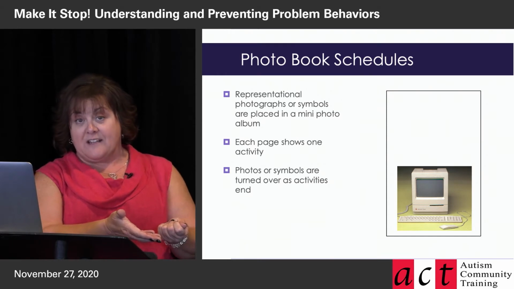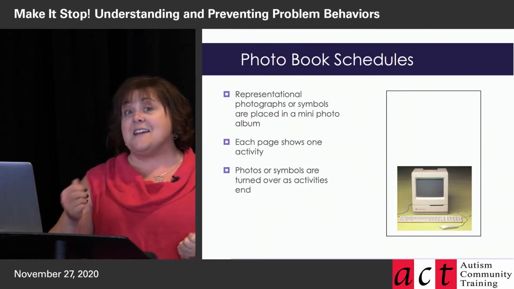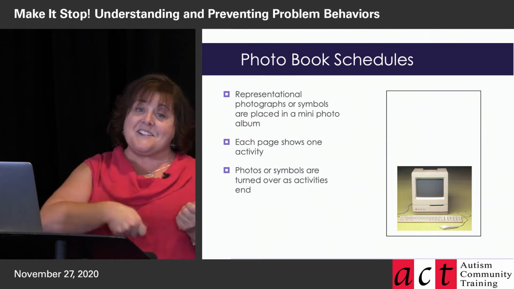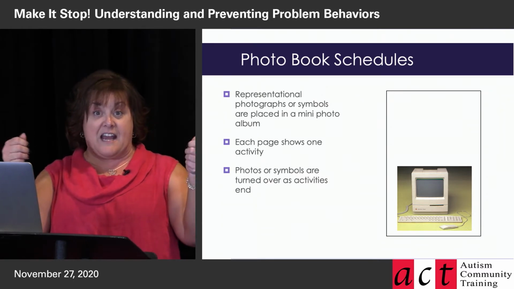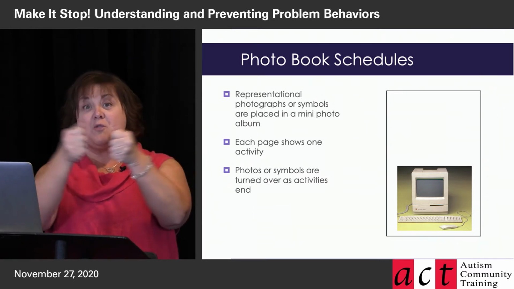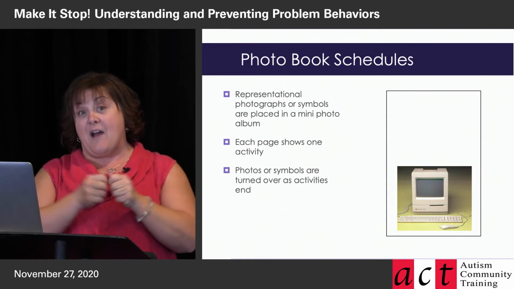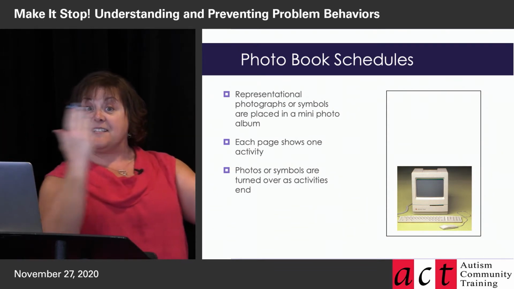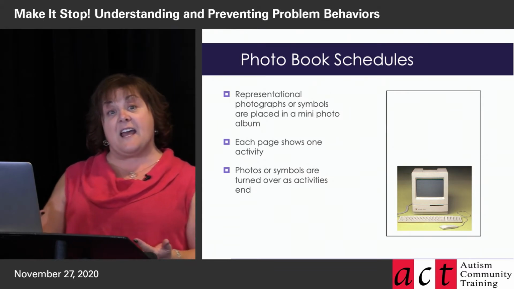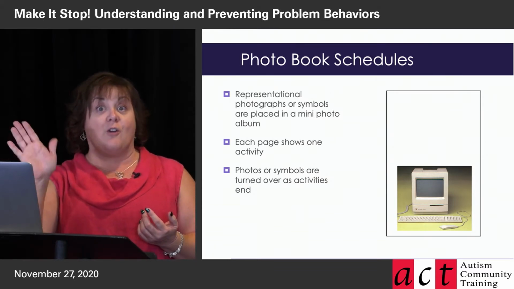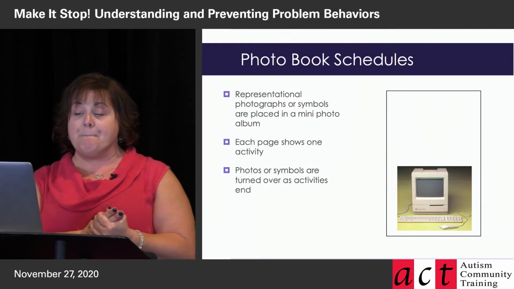I've forgotten about it. So a little trick here is to get an X-Acto knife and slice all of those pages out and use some clear packing tape to tape the pages together into an accordion fold. And then that way you can open everything out and you can see the whole sequence at once, okay? And again, as activities end, you just turn over the photo or turn over the symbol, okay?